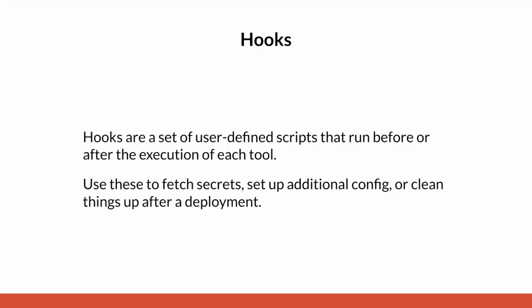So it'll be before Helm upgrade is called, and then Helm upgrade is called, and after Helm upgrade is called, essentially. And you can provide any scripts that you want to fetch secrets or set up some additional configuration, or for an after script, you can clean things up after a deployment or do some notifications, things like that.